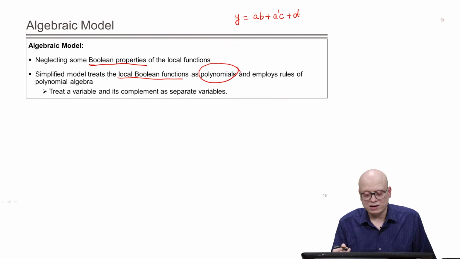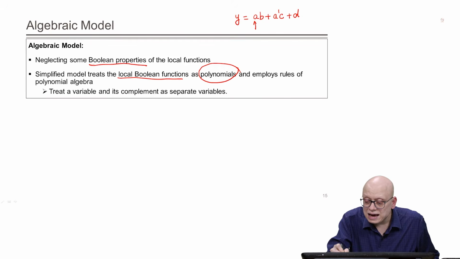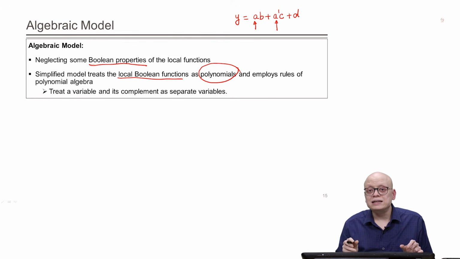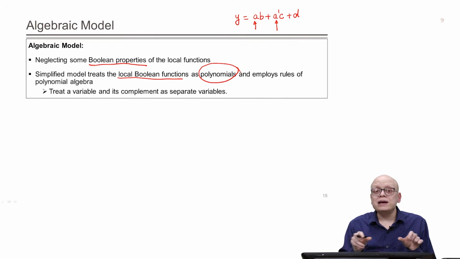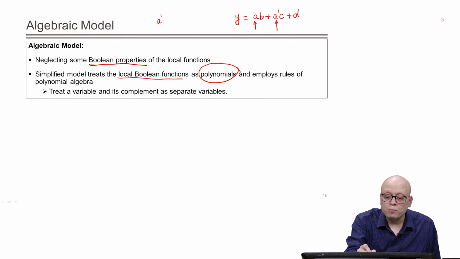For this function, we will treat a variable and its complement as separate variables, meaning that a and a bar, or a dash, will be treated as separate entities in the algebraic model. But in the Boolean model we know of course that a bar is the complement of a.